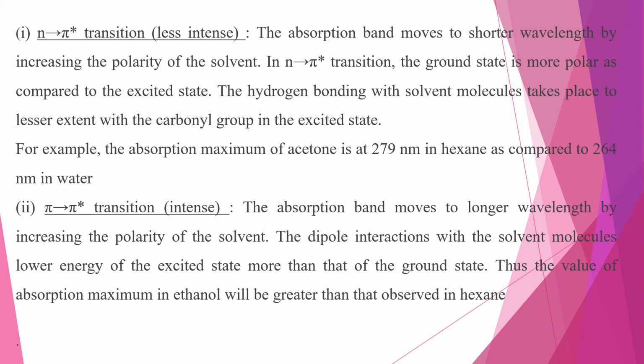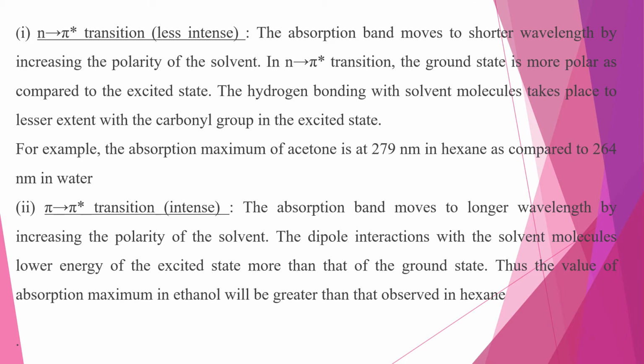Hydrogen bonding with the solvent molecules takes place to a lesser extent with the carbonyl group in the excited state. For example, the absorption maximum of acetone is at 279 nanometer in hexane as compared to 264 nanometer in water.